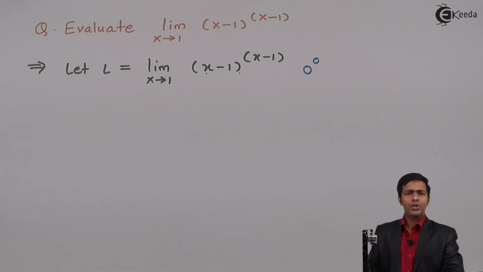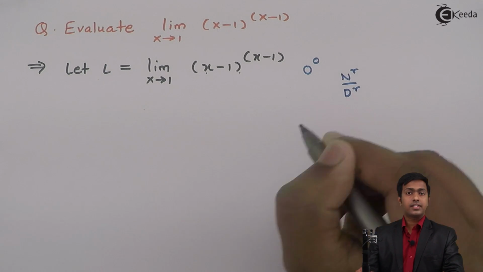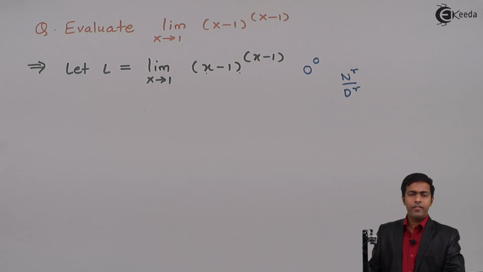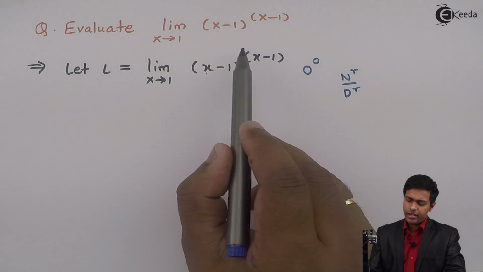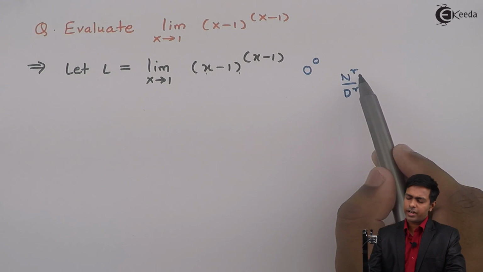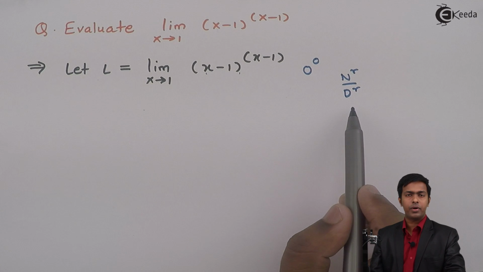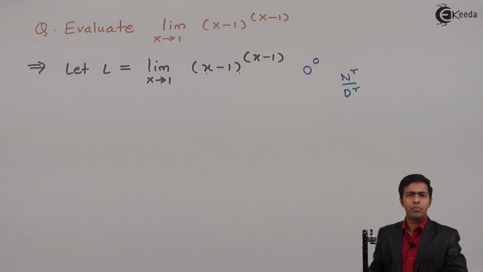Now according to L'Hopital's rule, we find the derivative of numerator and denominator separately till we get the finite value of the limit. So first of all, I need to convert the given function from the form a raised to b to numerator upon denominator. So to bring this function into form numerator upon denominator, I will take log on both sides.